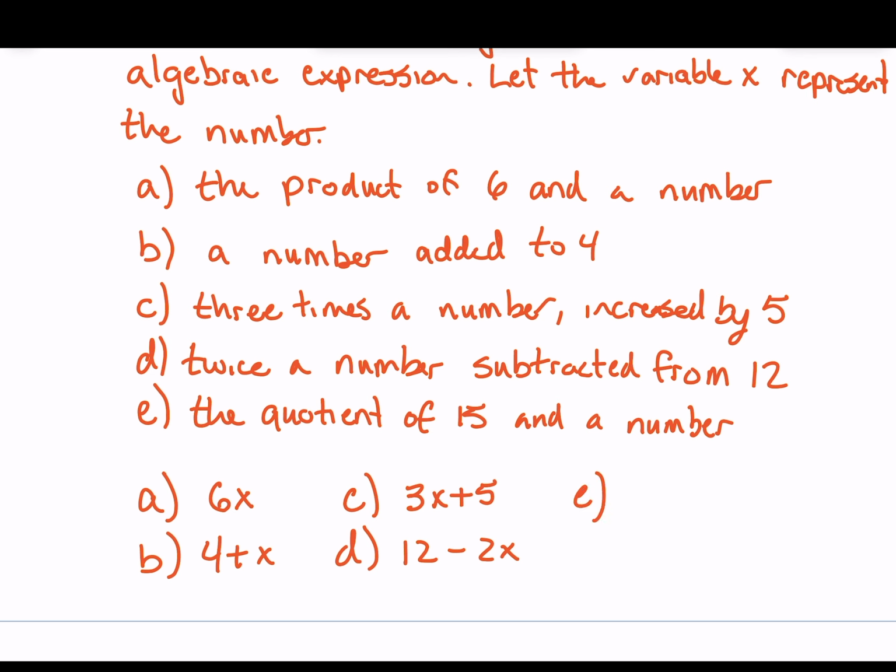And then finally, E, the quotient of 15 and a number. So how would we write this? 15 over x, and that's the end of this example.